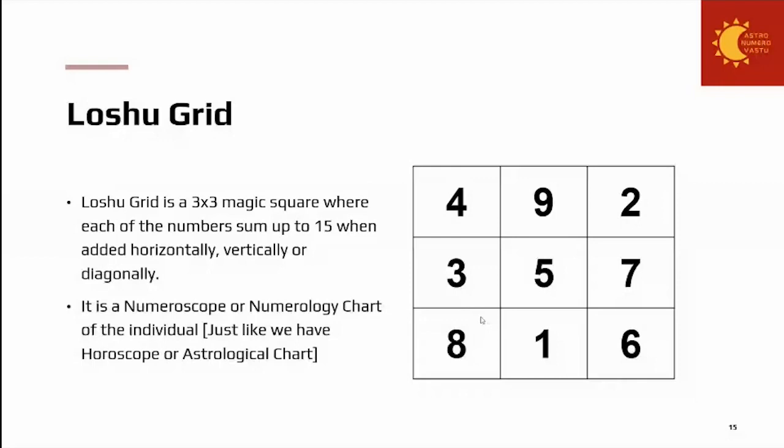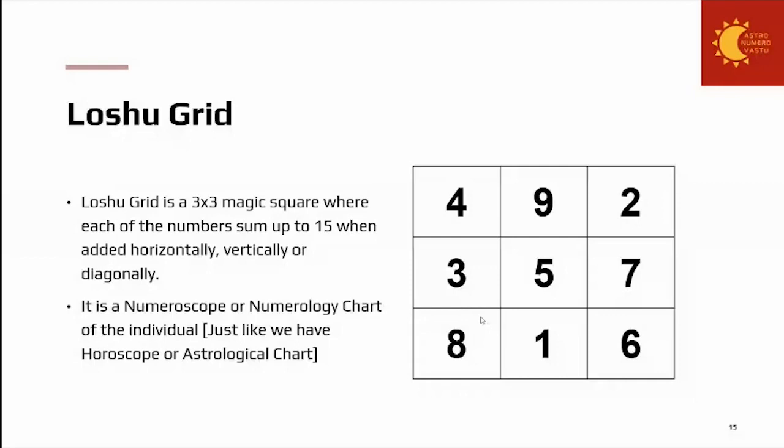Just like in astrology we have the Kundali, where we have 12 houses and place planets there, similarly in numerology we use this Loshu grid to place the planets. Now just understand that the placeholders for these numbers remain fixed. That means if you have to add a 4 in the chart, 4 has to be placed in the top left only.